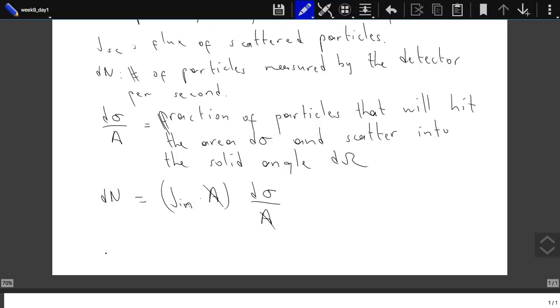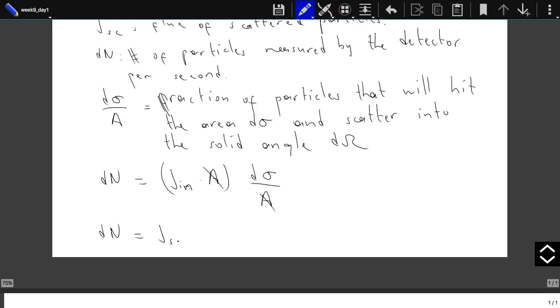Now we can furthermore say that dN will be nothing but J scattered, the scattered current in the direction of my detector at the point of my detector, times R_D squared d omega.